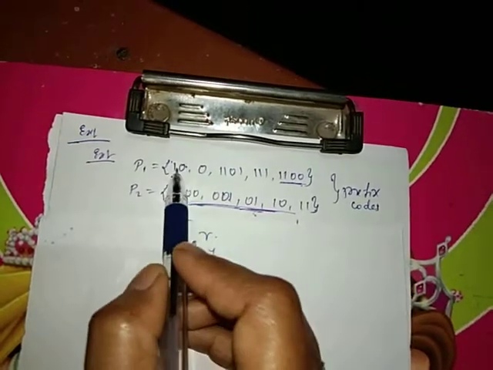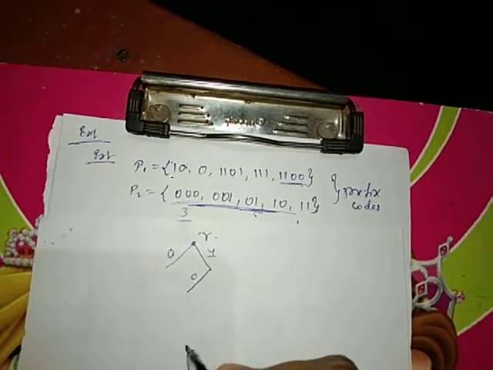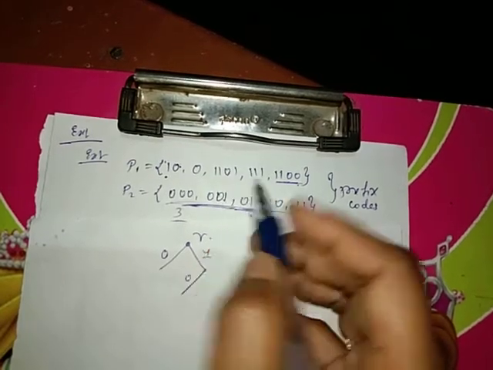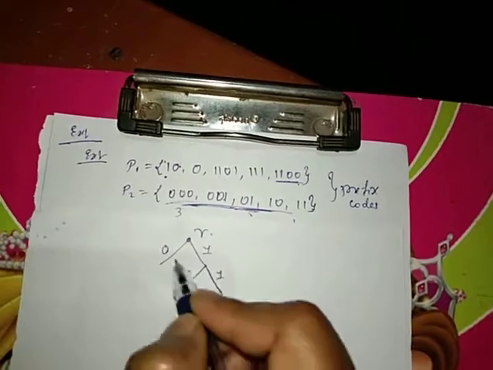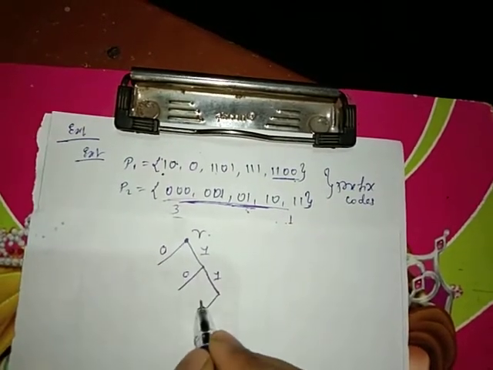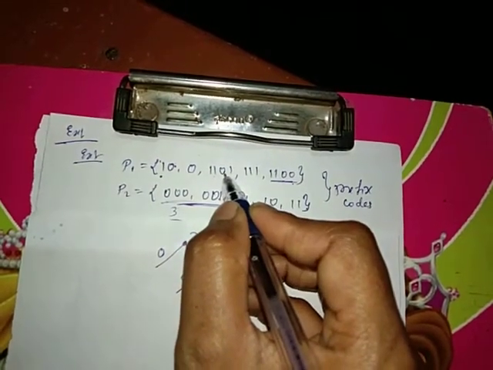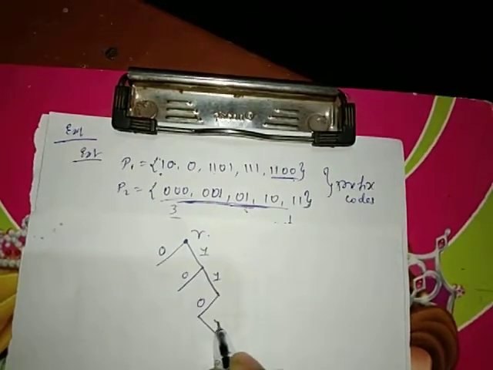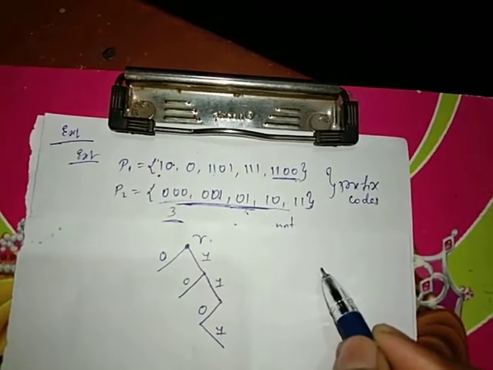Now we have to construct 1 0, and next we have to construct 1 1, means we draw the right side, and next 0 means we take a left. When we need a 1, we move our edge to the right side.